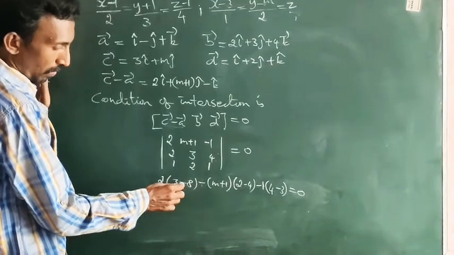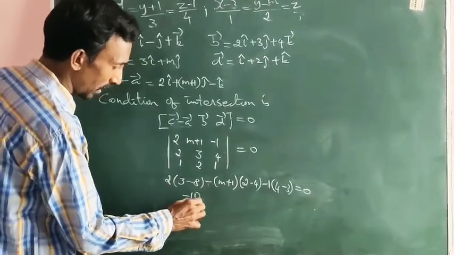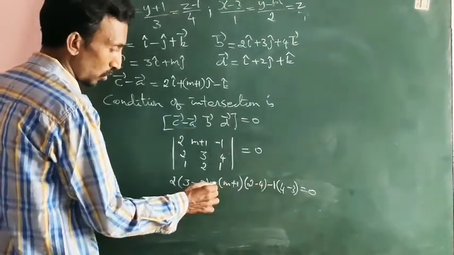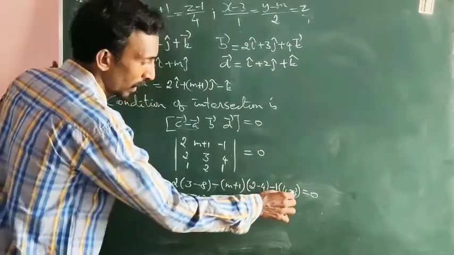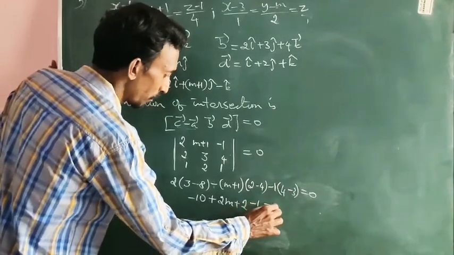So minus 5 into 2 is minus 10. Minus into minus becomes plus, 2m plus 2, then minus 1.